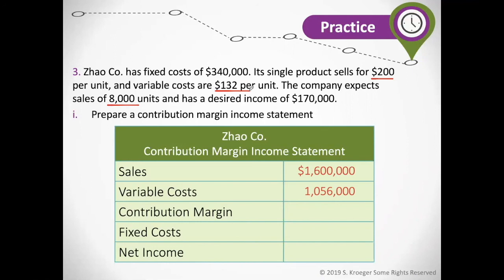The contribution margin would be these two numbers subtracted from each other, which is $544,000. Then we have to put in our fixed costs, which is $340,000. Our net income would be our contribution margin minus our fixed costs. This would give us $204,000 as our net income.